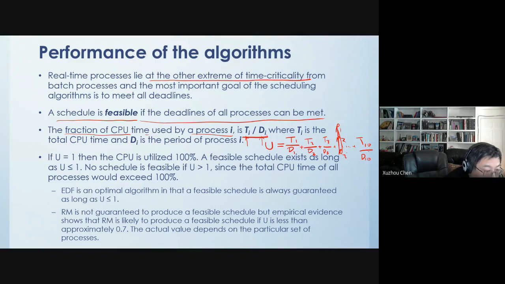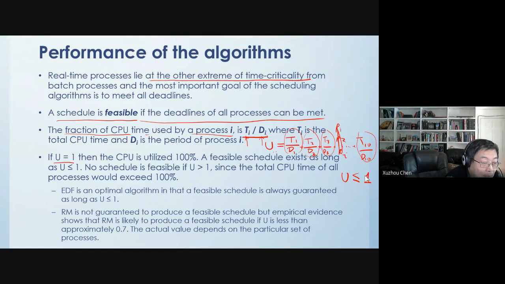Now, this process 1 uses this fraction of CPU, process 2 uses this fraction of CPU, process 3 uses this fraction, process 10 uses this fraction. But the problem is that you have to guarantee that U should be less than or equal to 1, right?